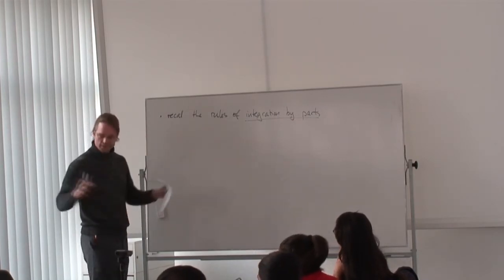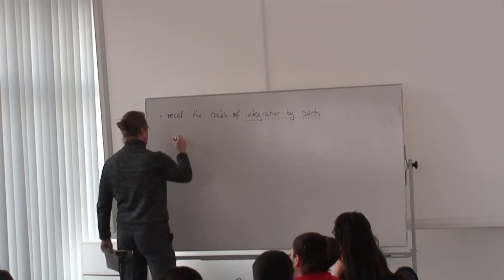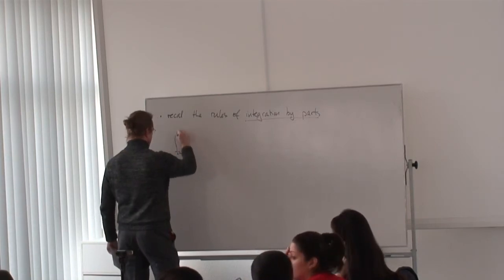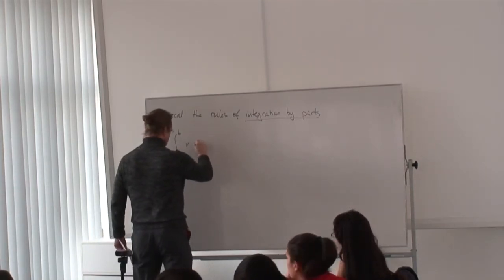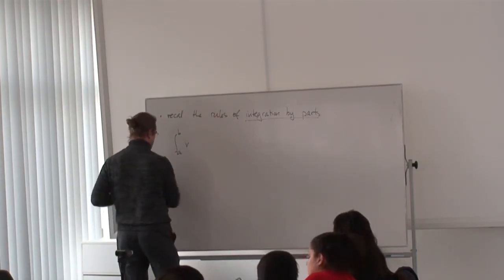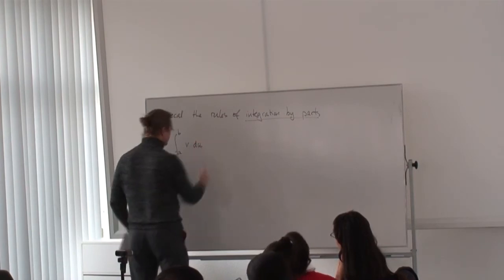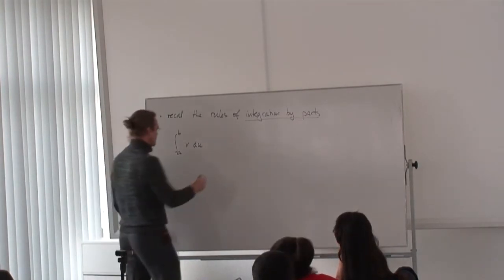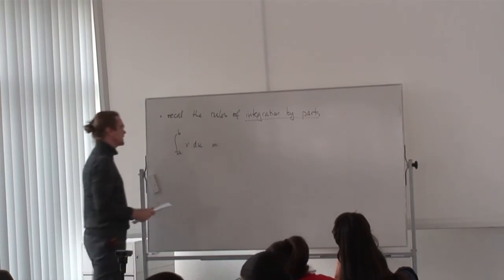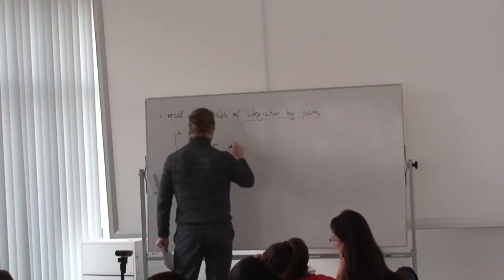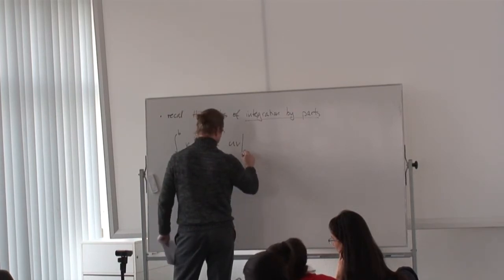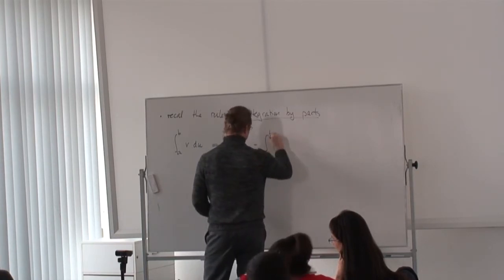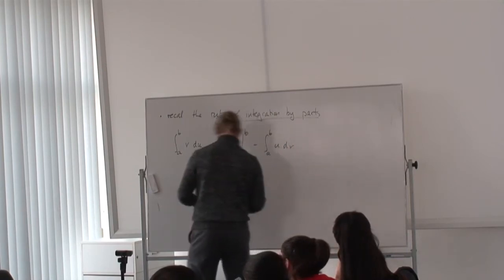This is to say, and hopefully you have seen this before, that if we are dealing with the problem of having to compute an integral ranging from a to b of v du, this is a very abstract way of writing down the rule of integration by parts, that this can be computed as u times v evaluated at the boundaries a and b, minus the integral ranging from a to b of u dv.